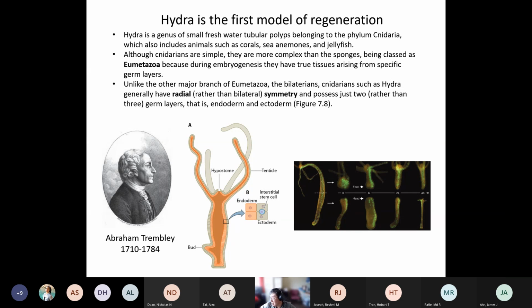In a few days, they should be able to regenerate the foot and get anchored again. While the bottom part is still anchored, they are going to regrow the head, and now they have a mouth. They can take food into their gastric region. So that's what happened.